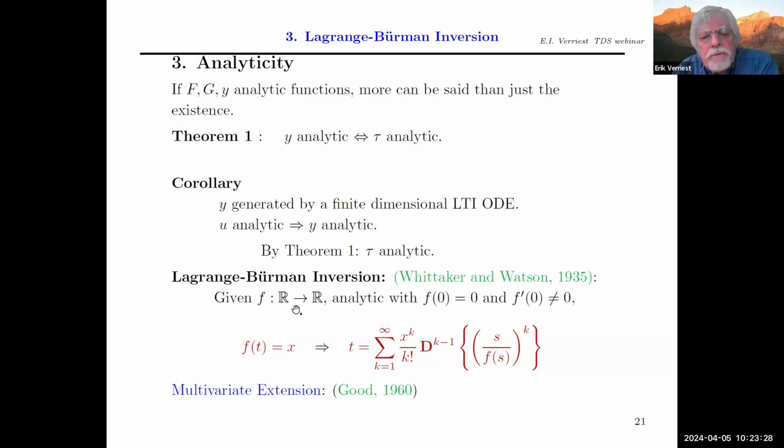Given f mapping from R to R that's analytic, and if f(0) is 0 and the derivative at 0 is not 0, then f can be inverted as a series expansion in x. And Good in 1960 gave a multivariate extension of this.